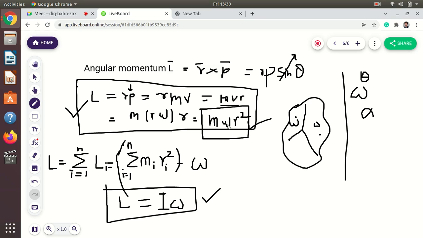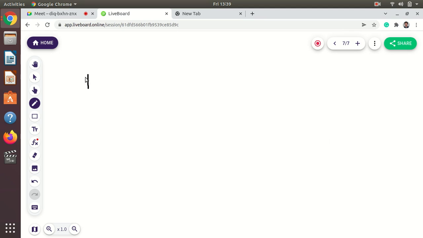Now in translational motion we have kinetic energy. I will write the symbol T for kinetic energy. This is equal to half mv square, or mv square by 2. Again we can multiply and divide by m. So this will become m square v square upon 2m, right?